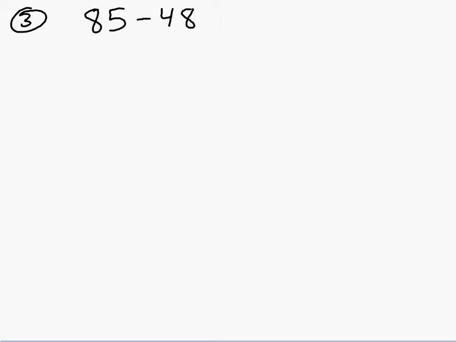It's always the first one on top. 85 minus 48. It's amazing to me how many people forget that when we subtract, I have to pay attention to whether the top number is bigger than the bottom. A lot of people just get in a hurry and they say, oh, 8 minus 5 is 3. Nope. Since this 8 is bigger than this 5, I need to borrow.